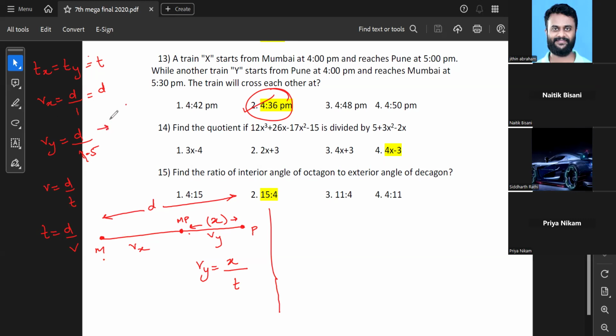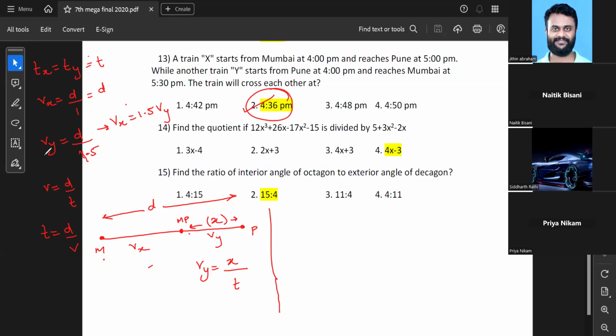So I can say that Vx is equal to 1.5 times Vy. They are inversely proportional. Now if the speed is more over here, the distance will also be more, right?